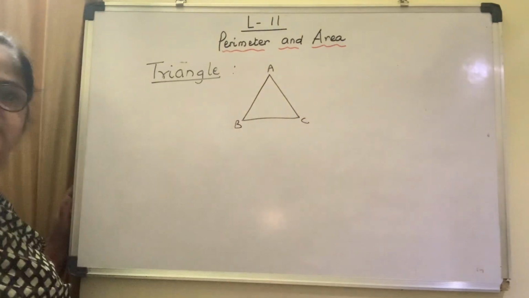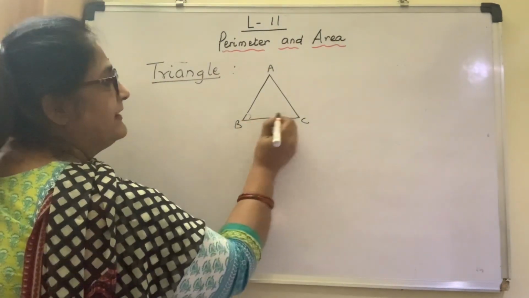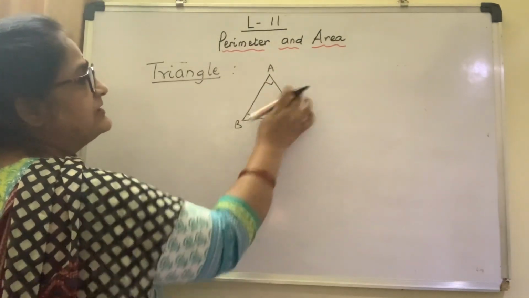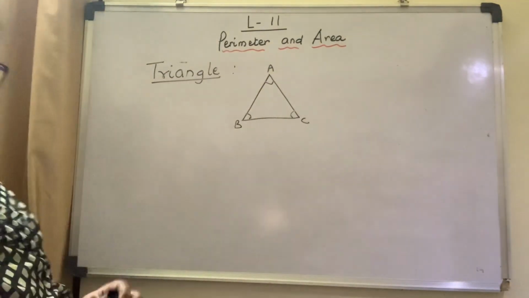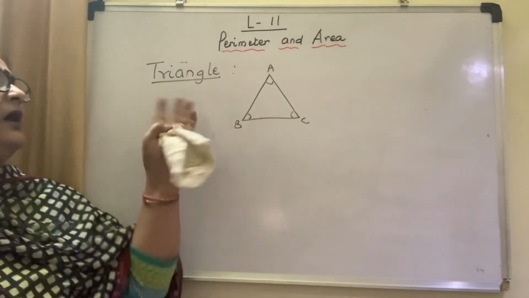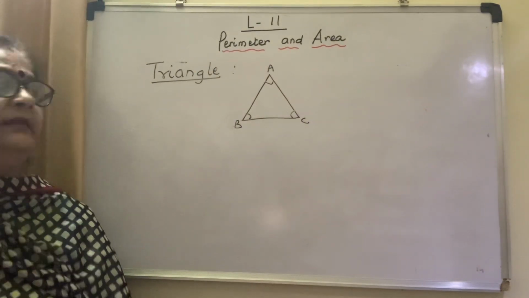A closed figure having three angles and three sides is known as a triangle.